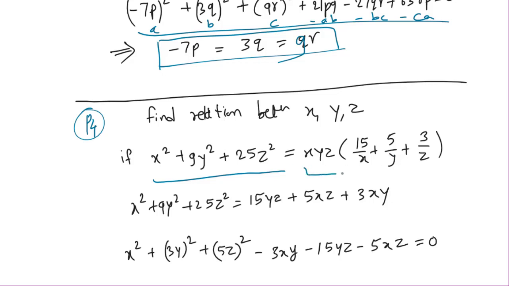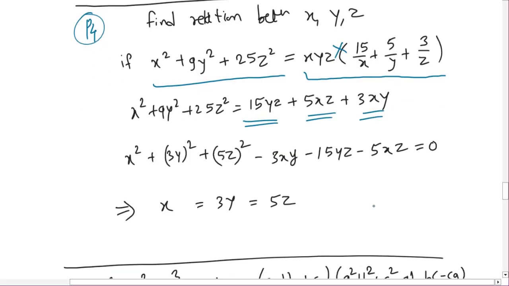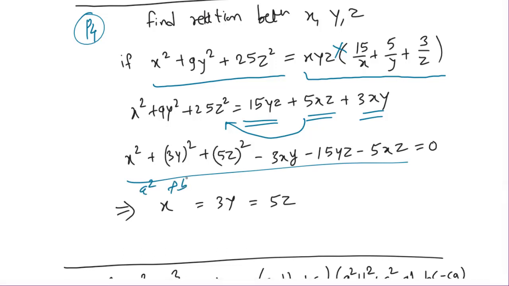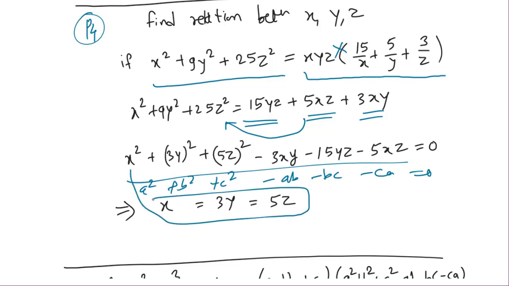So if you multiply xyz to this term, what we get is 15yz, 5xz, 3xy. And then if we move it to the left hand side, we get this equation, which is again in the format a square plus b square plus c square minus ab minus bc minus ca, which is equal to 0. And then we can say that x is equal to 3y is equal to 5z.